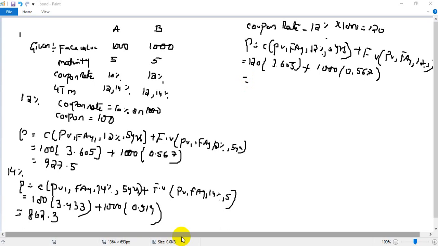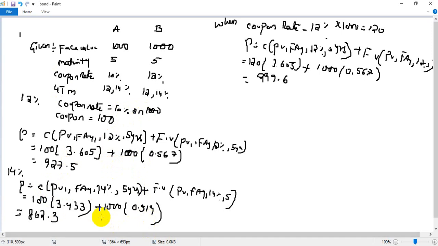So here if you multiply it, you will get the answer 999.6. When the coupon rate is 10 and YTM 12%, we got 927.5, and the coupon rate is again 10 at 14%. Twice we need to calculate.